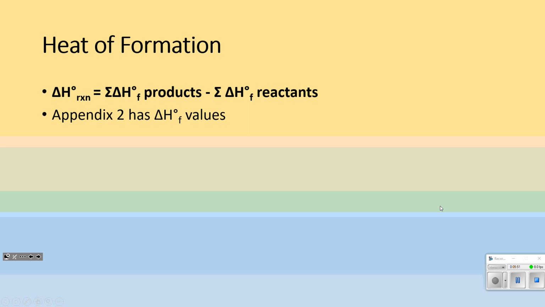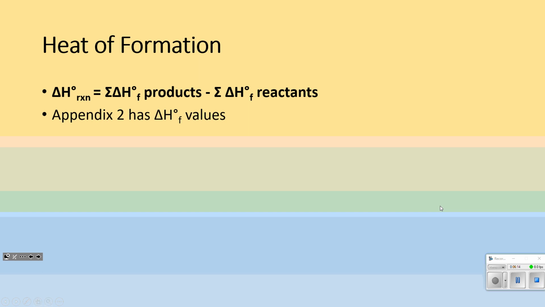The reason why I introduced this today is that, in essence, with bond energy, if it's a synthesis reaction, we could figure out the heat of formation for anything. Take the reactant bonds minus the product bonds, and figure out how much energy is needed to make that happen.